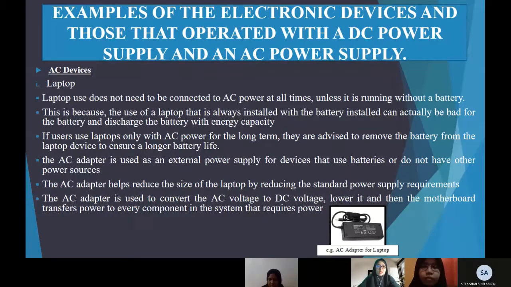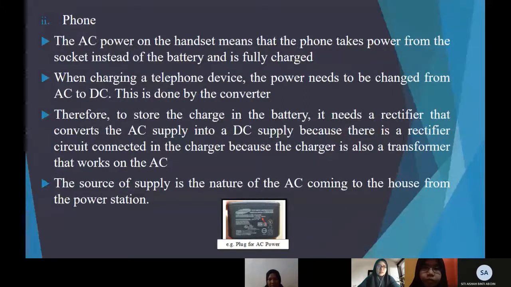If they want to use AC power for a long term, they need to remove the battery from the laptop to ensure a longer battery life. The AC adapter helps reduce the size of the laptop by reducing the standard power supply. Also in phone, when charging a telephone, the power needs to be changed from AC to DC by the converter.